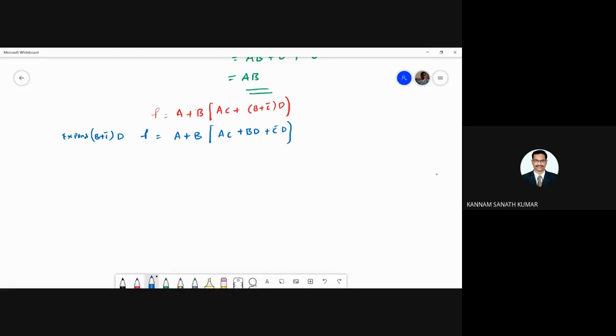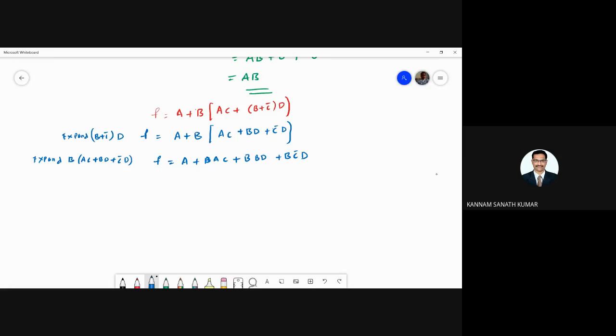Now we have to expand B into AC plus BD plus C̄D. So F equals A plus BAC plus BBD plus BC̄D.